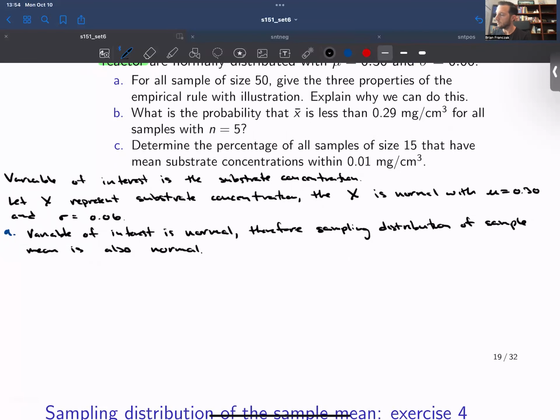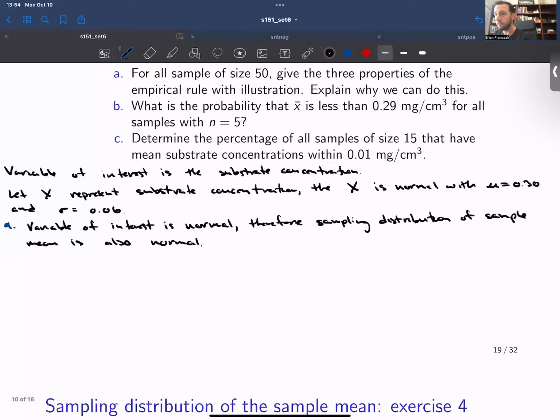We can write out the parameters of the sampling distribution of the sample mean because we know what those are.